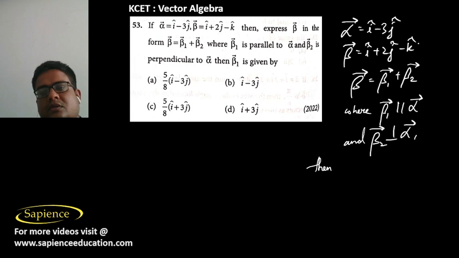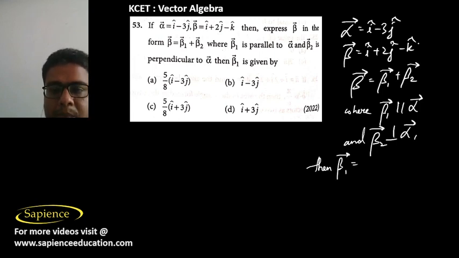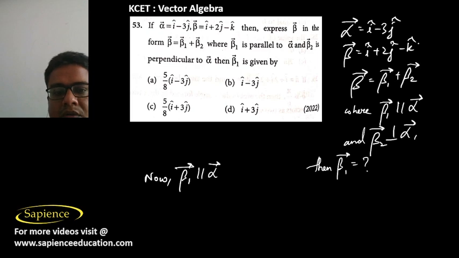What is the beta 1 vector? Now beta 1 vector is parallel to alpha vector. So therefore beta 1 vector, I can say it is some constant k times alpha. This would be k into I cap minus 3j cap.